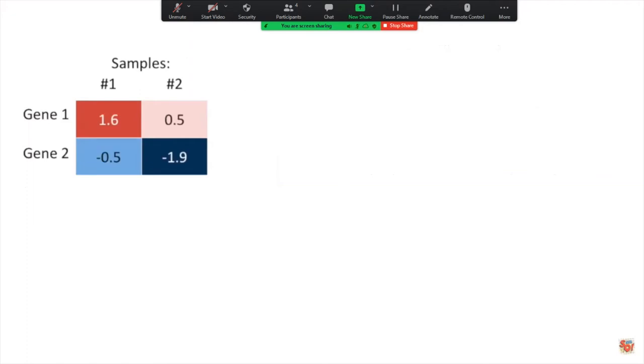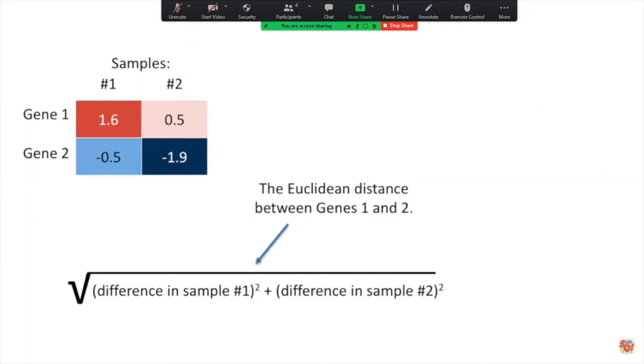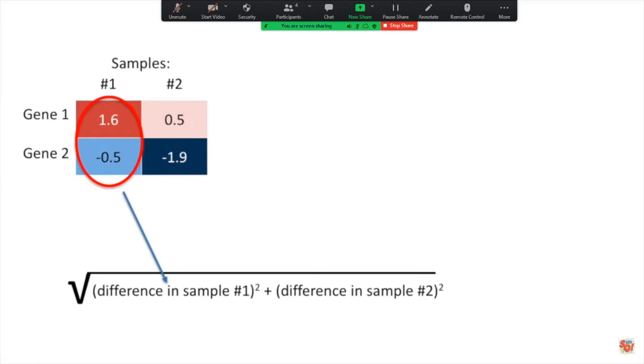Now we're displaying the values that underlie the colors that we have in the heat map. The Euclidean distance between genes 1 and 2 is just the square root of the difference in sample number 1 squared plus the difference in sample number 2 squared. Here we'll just plug in the values for sample number 1.